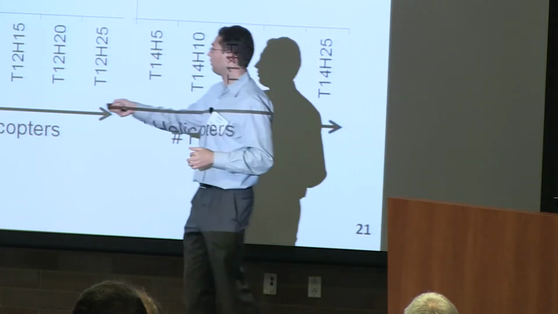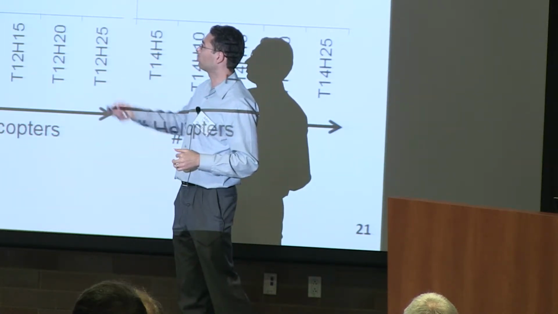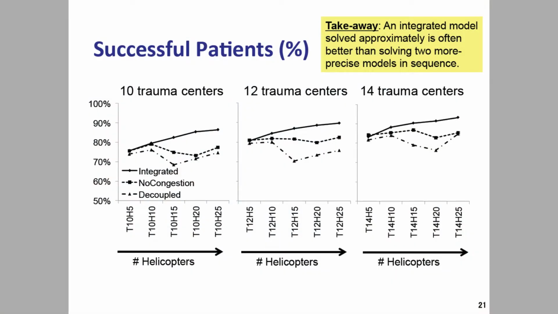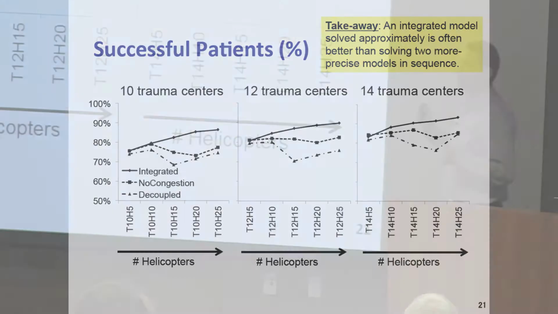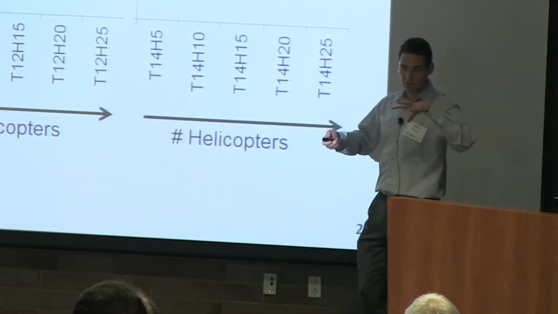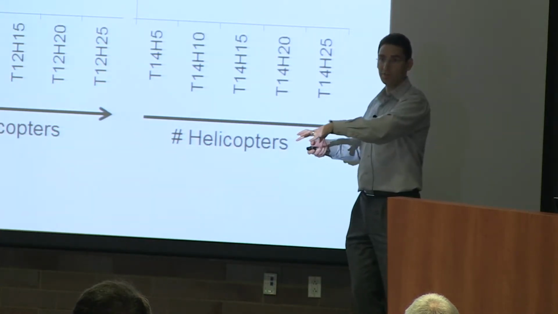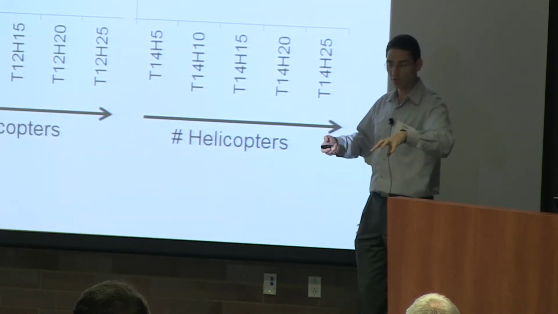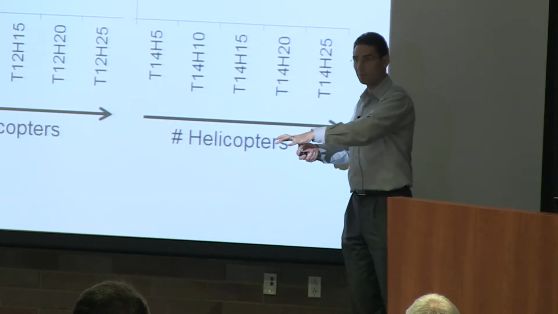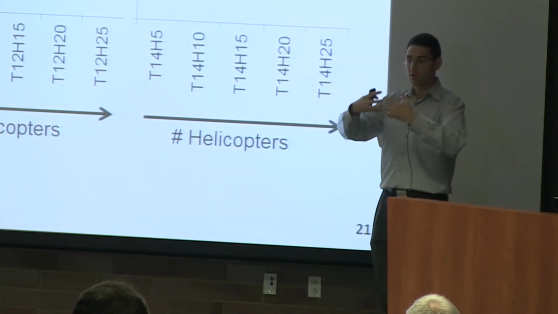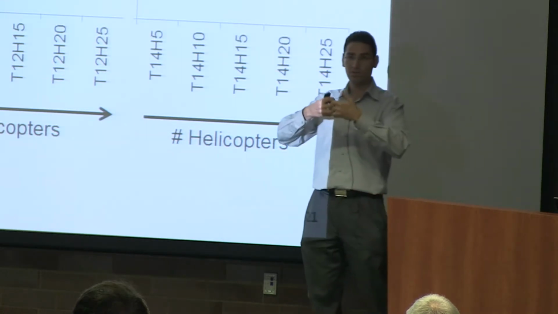Here is an illustration of the quality of the solutions that we get from these three methods. Our integrated method is here. Here are our two benchmarks here. And the main thing to note here is the decoupled method plans the trauma centers first and the helicopters after, and uses more accurate models for the trauma centers in isolation and the helicopters in isolation than the integrated model that combines the solution of the trauma centers and helicopters into one step.